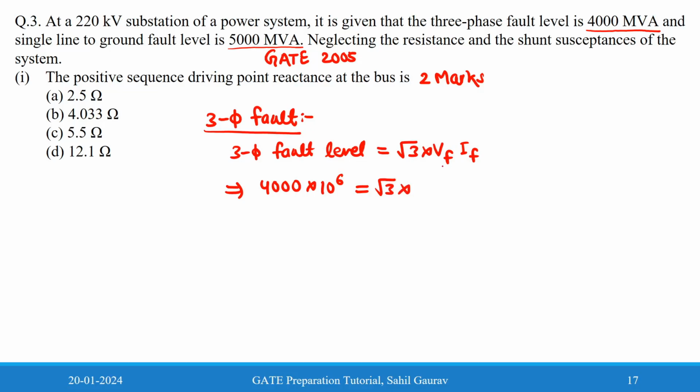The pre-fault line voltage is 220 kV, so 220 into 10 to the power 3 into IF. So it will give the actual fault current, which is coming as 10.497 kilo ampere.